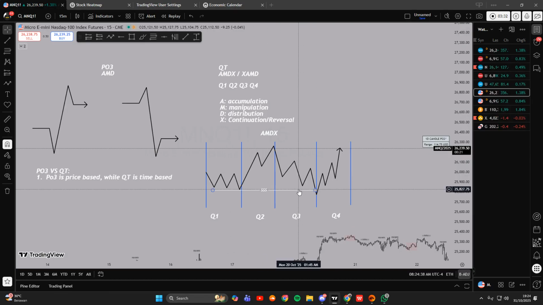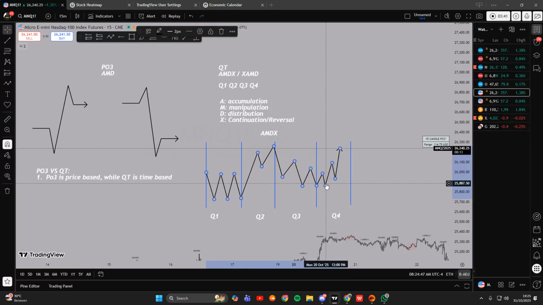But let's say we didn't take out these consolidation lows, then I would be expecting Q4 to be a continuation, at least until we catch the consolidation lows. You get what I mean?